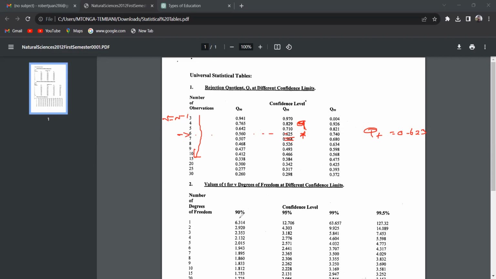If the Q calculated is greater than this value, then your suspect must be discarded. But if the Q calculated is less than this value, then you need to retain that value. All right, so that's pretty much what is happening on the statistical part.